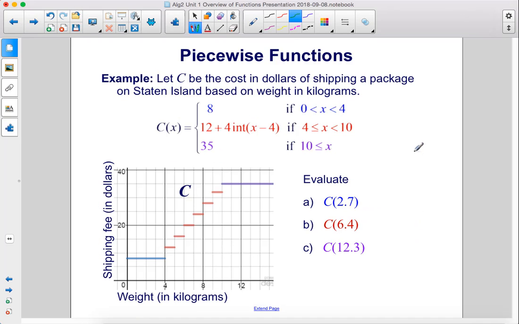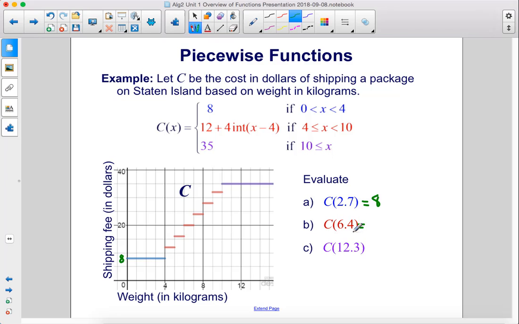Let C be the cost in dollars of shipping a package on Staten Island based on weight in kilograms. Here is our rule. Evaluate C of 2.7. Alright, so 2.7 is between 0 and 4, so that will be 8. And we can confirm that by looking at 2.7, which is around here, and yes, this is 8.